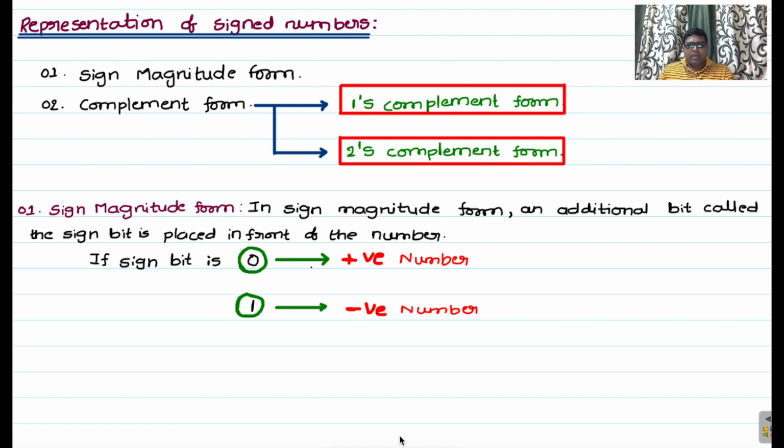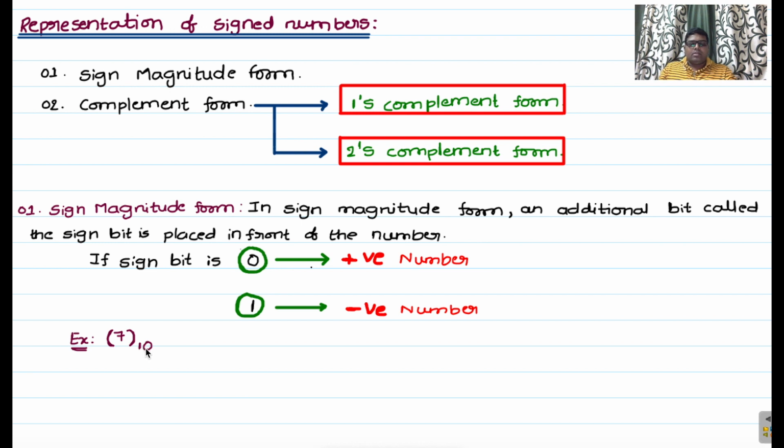I will take one example, then you will get some clarity. Here the given number is 7, which is a decimal number, right? Now we have to represent a negative number, that means -7. That -7 you have to represent with the help of the sign magnitude form.